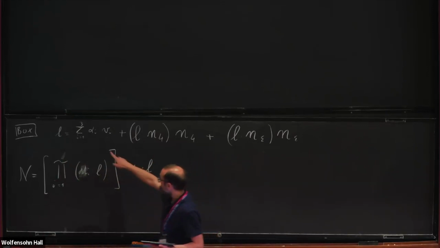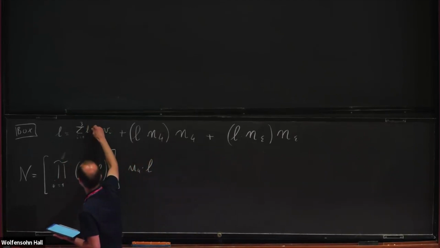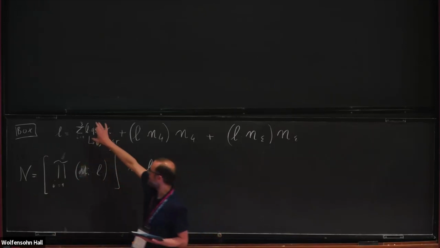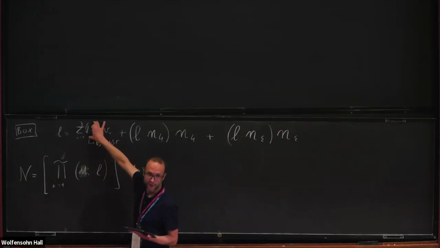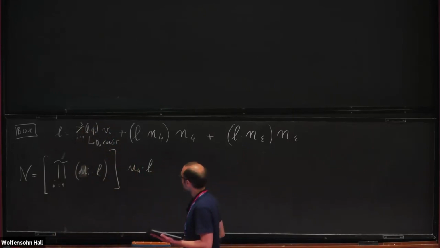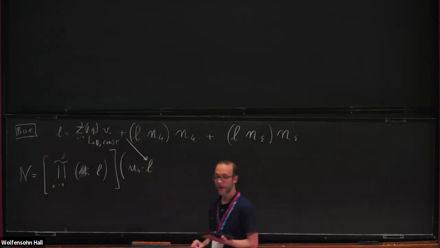Now, remember this was l·q_i. So this is basically denominators or constants, lower ranks. Every time I pick up this term here, I don't care. Job done. I go down. So I can substitute this loop momentum here.